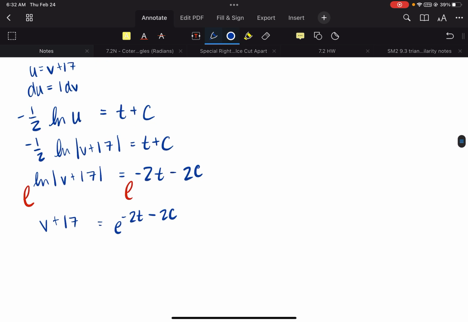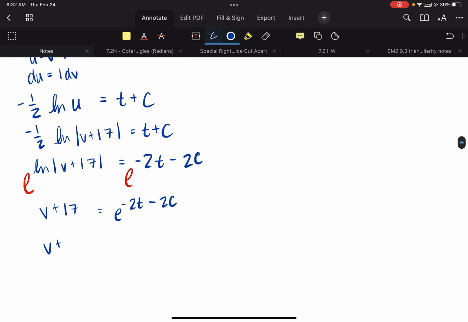Now I'm going to use some exponent rules on the right side. Since I'm subtracting, I can think of this as adding two exponents together, so I can separate this into e to the -2t times e to the -2c. Let's zoom in on the e to the -2c piece. Notice that c is just a constant.